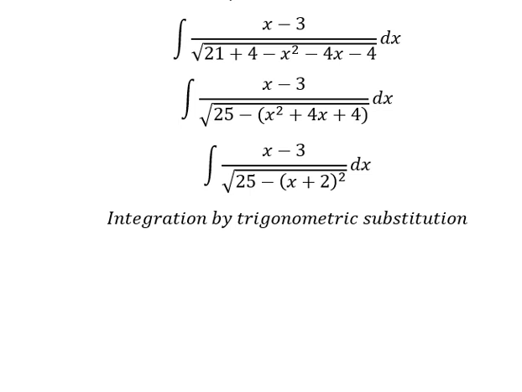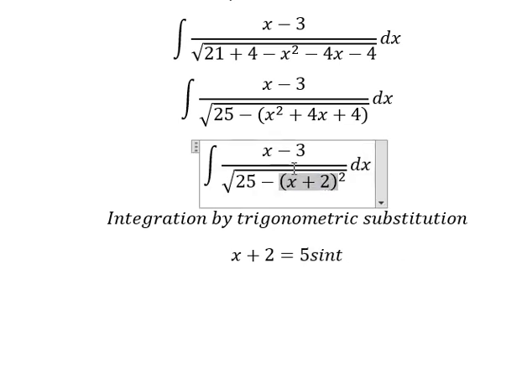So I will put s plus number 2 equals to number 5 sine t, because if I put this one here, we have 25 sine t square, number 25, we can do factorization. 1 minus sine t square, we change for cosine t square, and later we simplify the square root and ds.